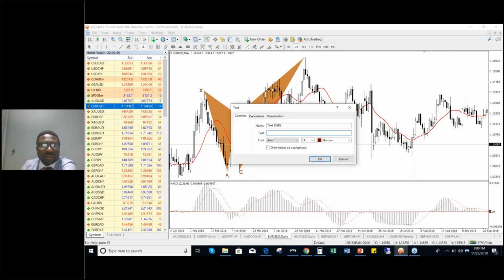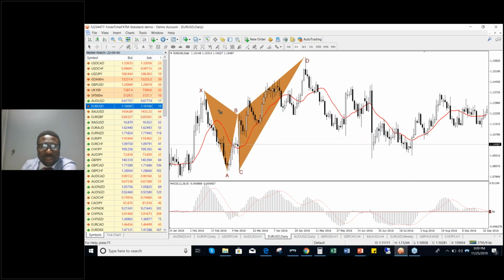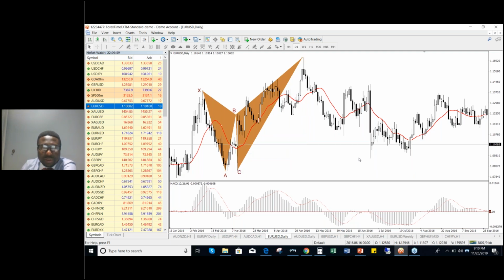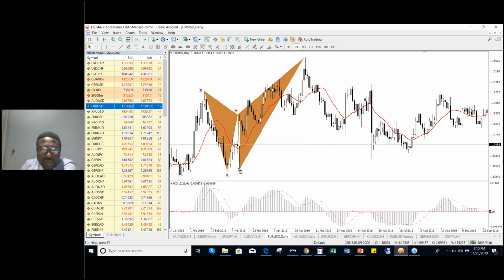All right. So if I measure from X to A, I have B at 61.8. If I measure from A to B, this is about 88.6. Then from B to C, going upward, that's correct.